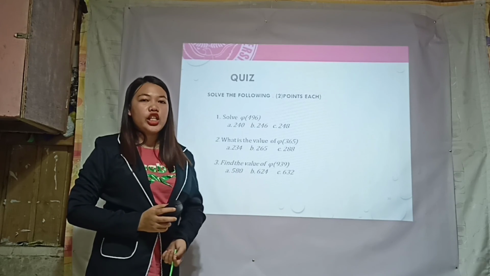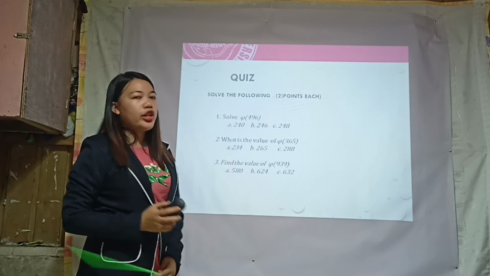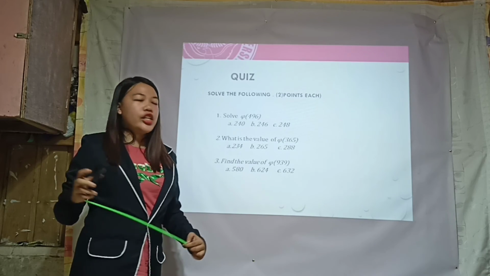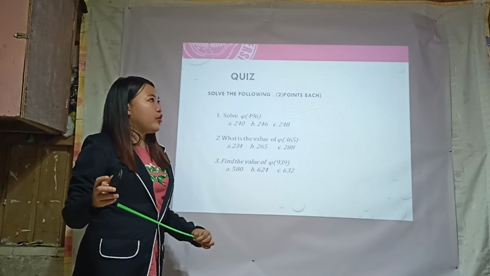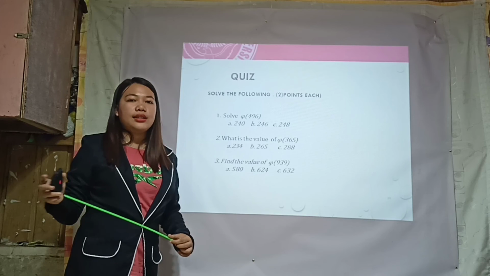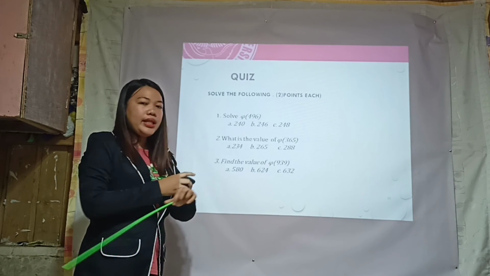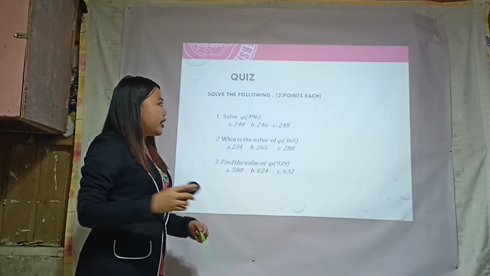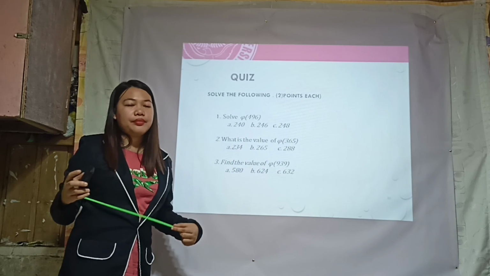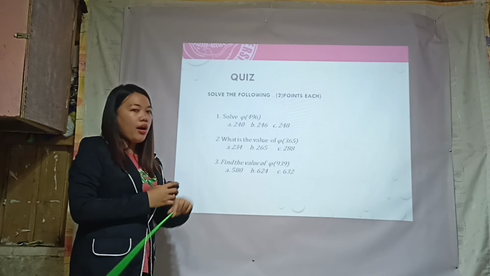So get 1/4 sheet of paper and answer your quiz. Just write the letter of your answer. I'll give you 10 minutes for this question. The timer starts now.